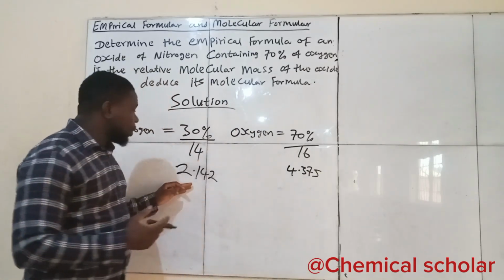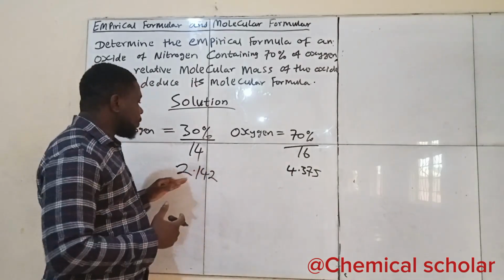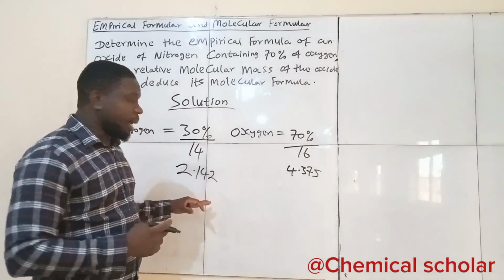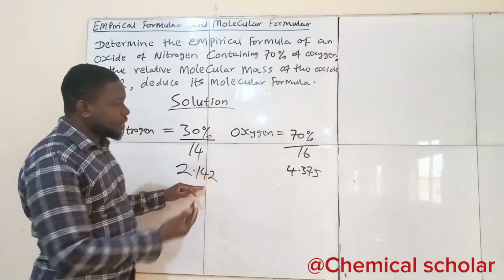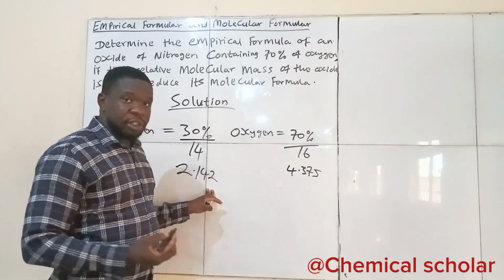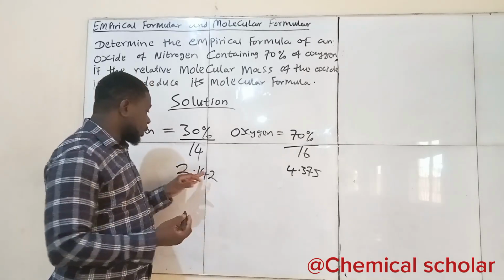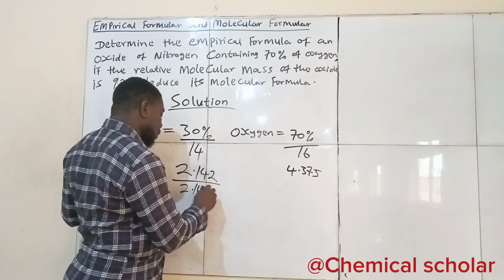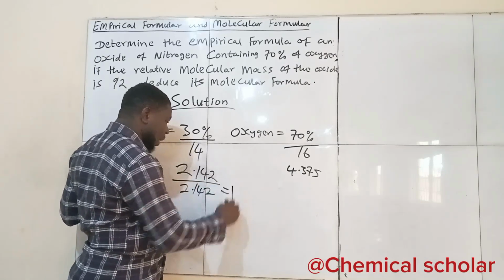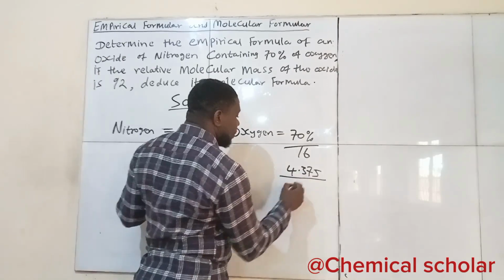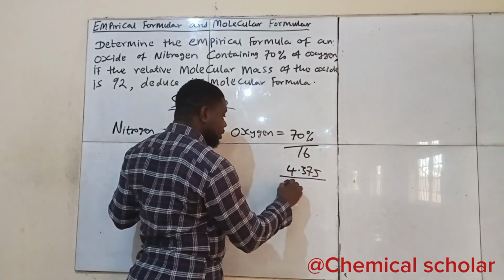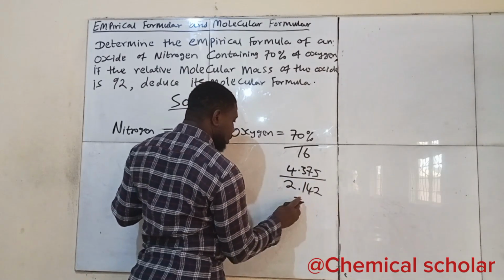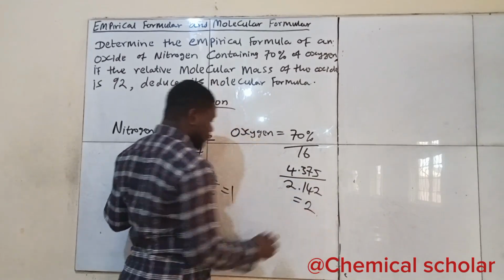Since we have this already, we go ahead to divide by the smaller number, and 2.142 is the smaller number here. So we divide through with 2.142. 2.142 divided by 2.142, of course, will give us 1. Then 4.375 divided by 2.142 will give us 2.